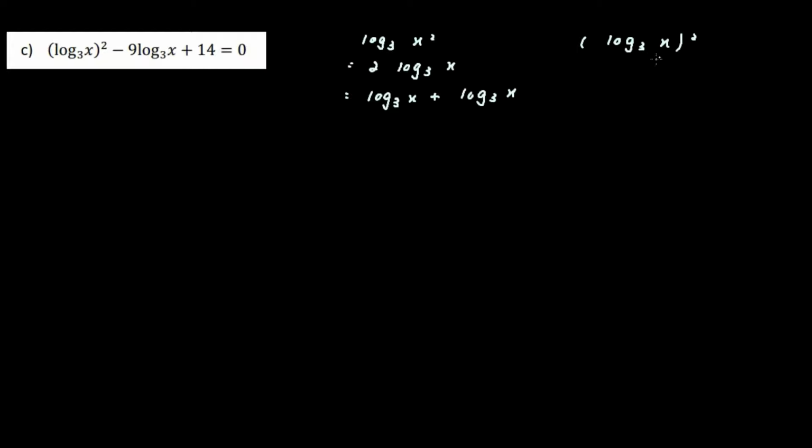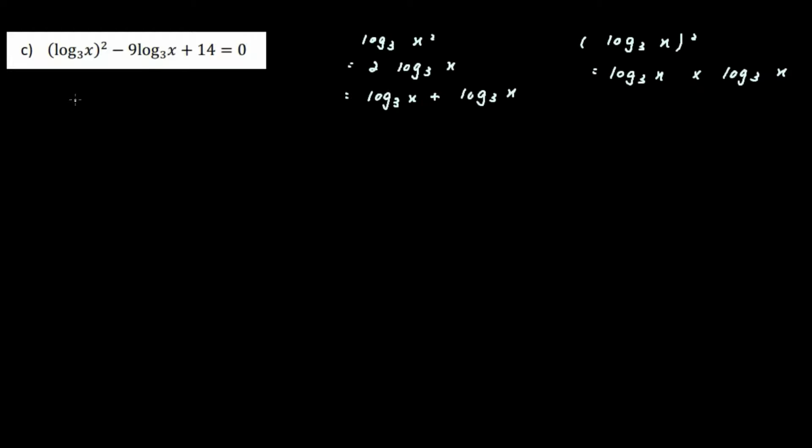But for this one, when you square it, it means log 3 x multiplied by log 3 x. So make sure you are not confused with these two. They mean exactly different things. So that's why you cannot bring your 2 in front of your log.